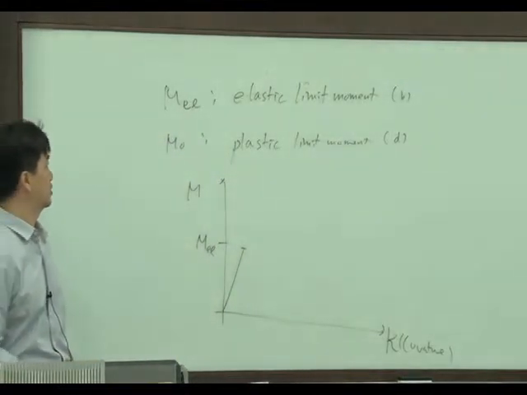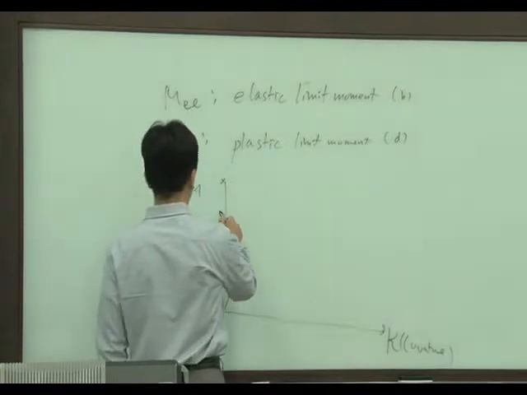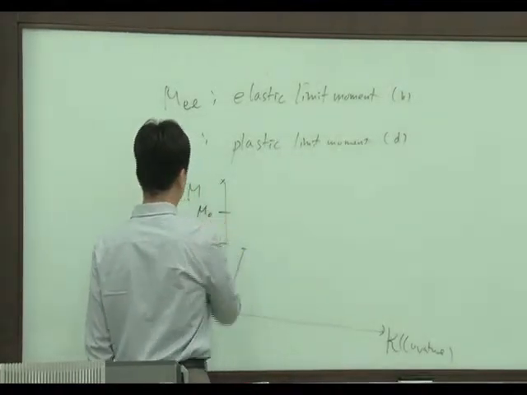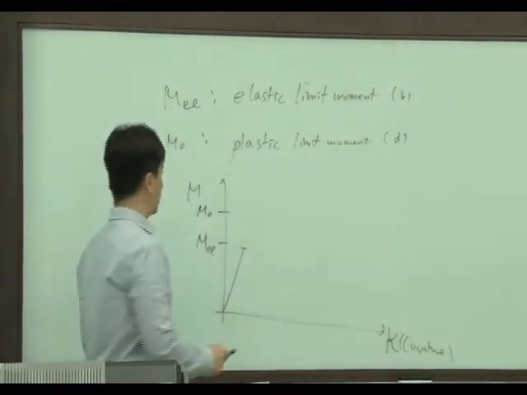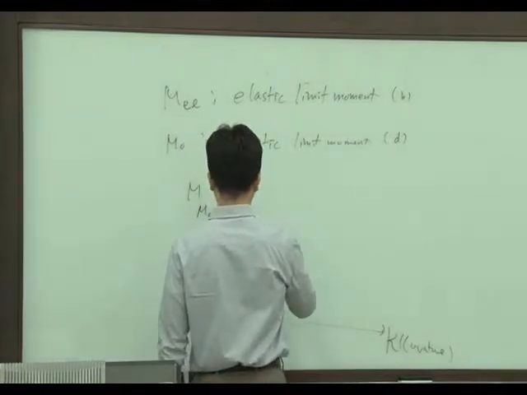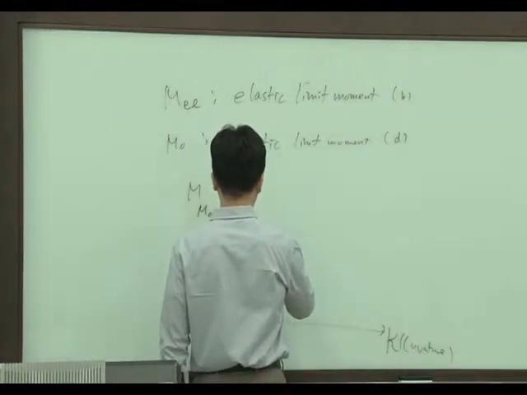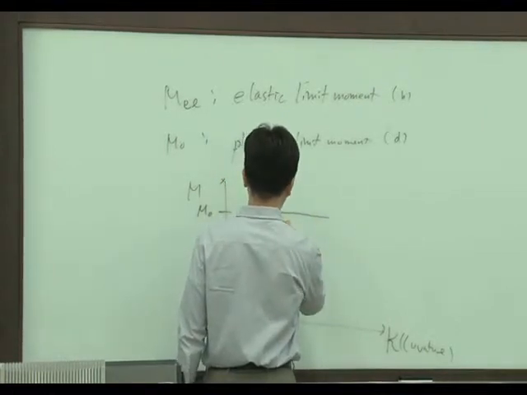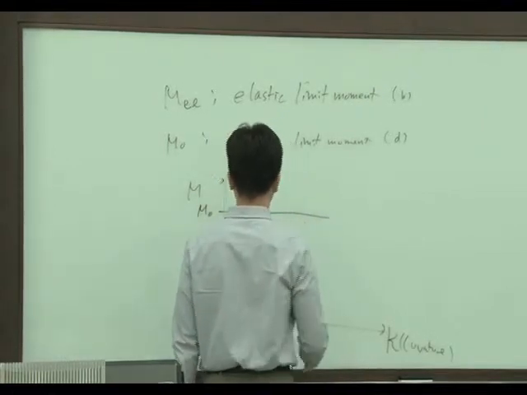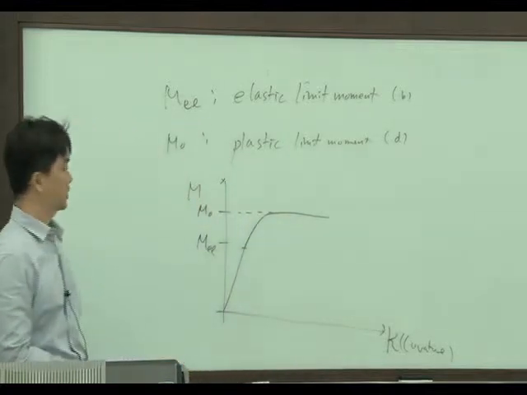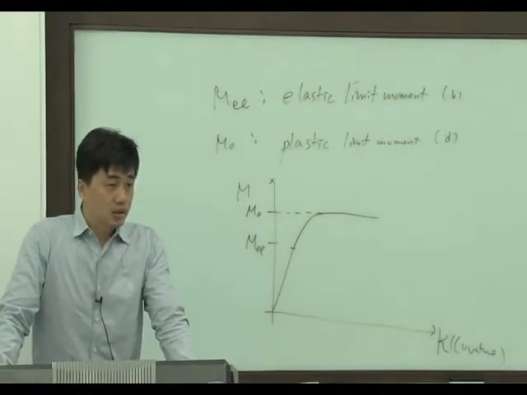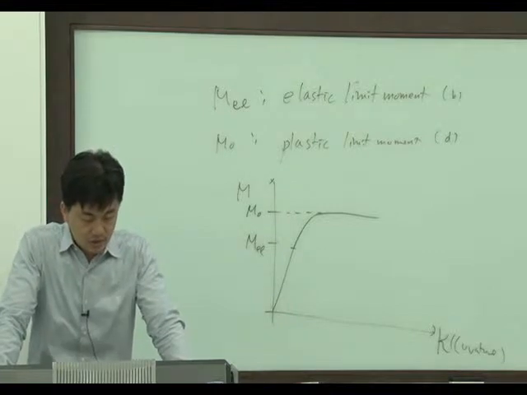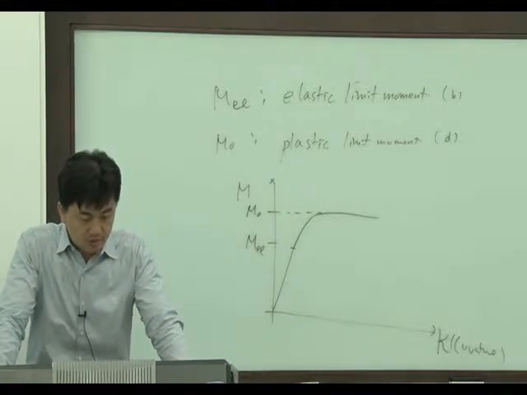From here to here. And this is M0. M0 is the maximum moment. And then the moment gradually increases. And this is the maximum moment here. This is a typical moment curvature curve.